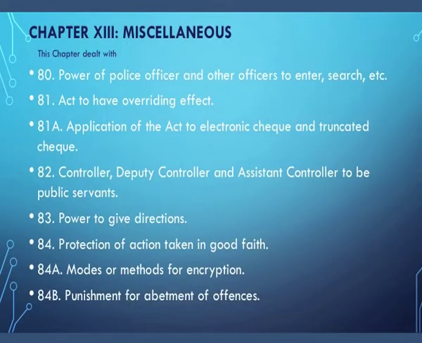or contravention. Chapter 13 deals with miscellaneous. As usual, the last chapter deals with miscellaneous items.